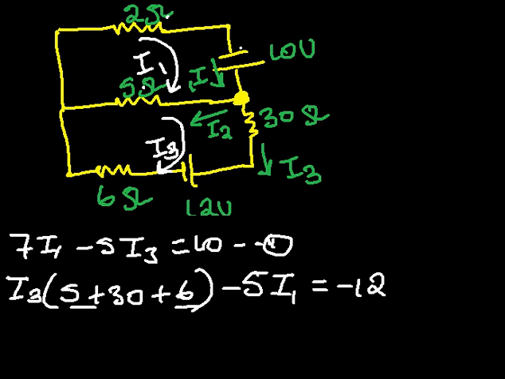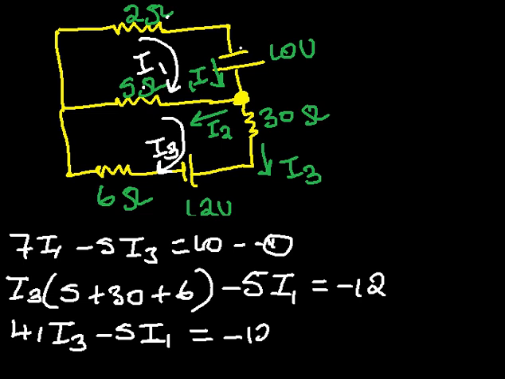Now we need to simplify this. That is 11 plus 30, that is 41. So we have 41 I3, minus 5 I2, which should be I1, and which is equal to negative 12. Now this is given as equation 2.